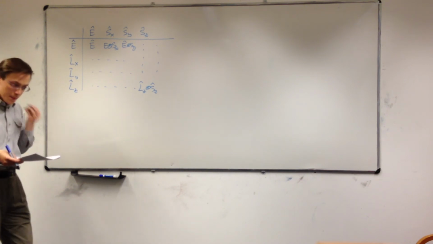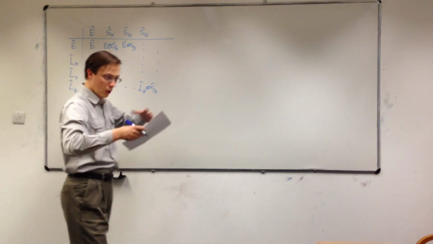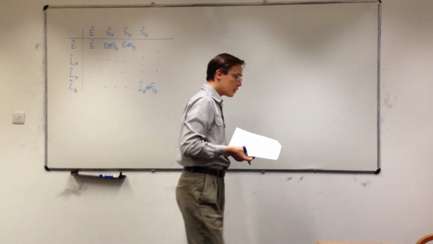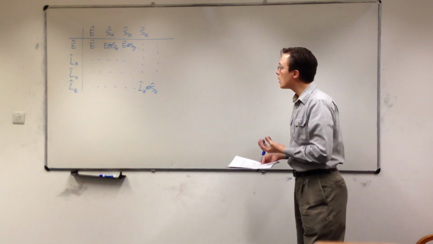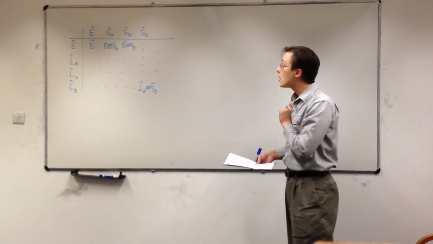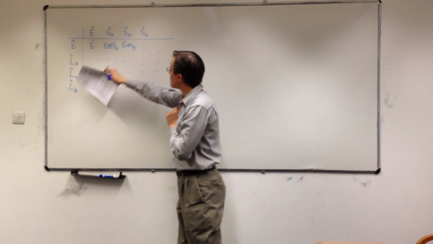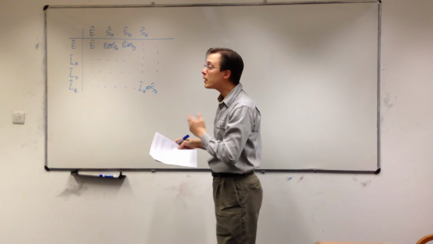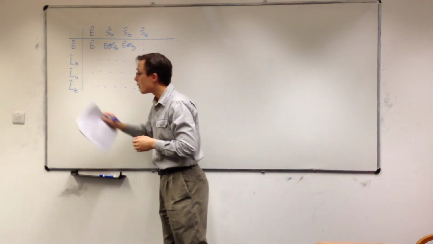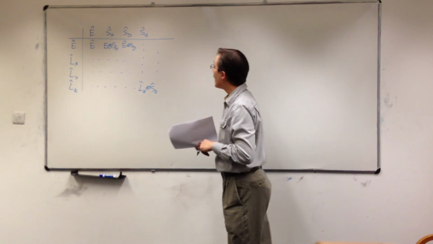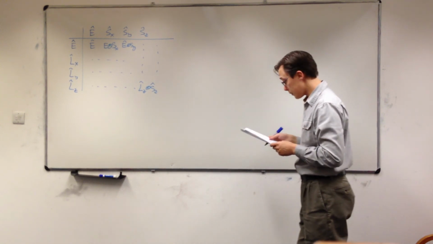So the simple recipe for building up a composite spin system is to take your operators for the individual systems and cross them together. If these were 2 by 2 matrices, the results would be 4 by 4 matrices. If these were 3 by 3, for example, for spin 1, and these were 2 by 2, you'll get 6 by 6, and so on and so forth.